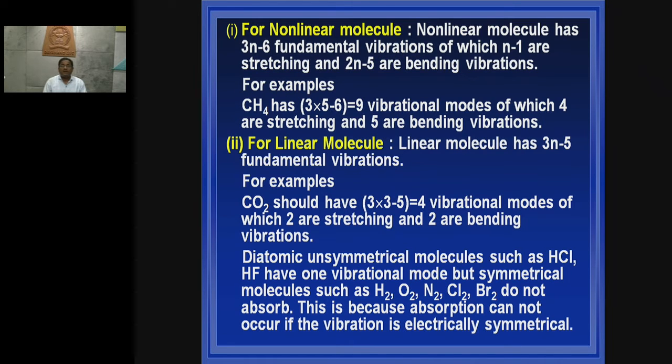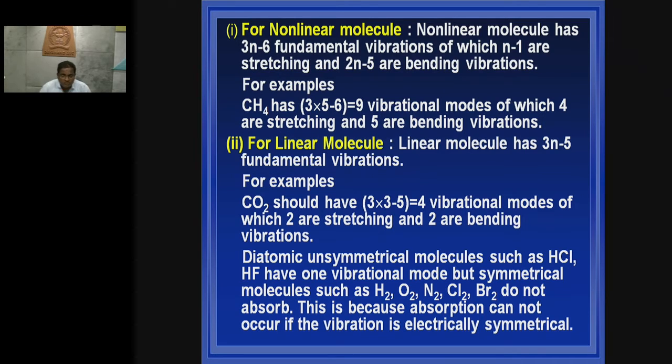This point is to be considered for 2 types of molecules: one is the non-linear molecule and the second is the linear molecule. Let us study the non-linear molecule first. A non-linear molecule has 3n minus 6 fundamental vibrations, out of which n minus 1 are stretching and 2n minus 5 are bending vibrations.